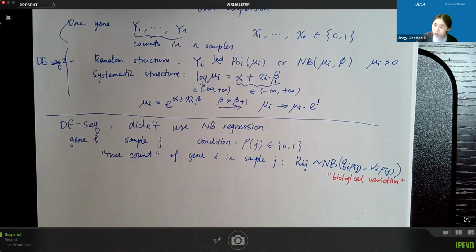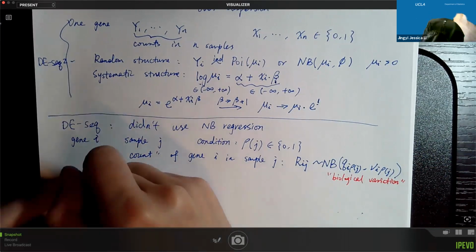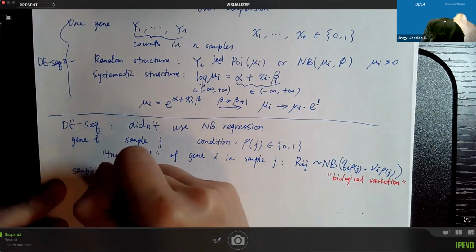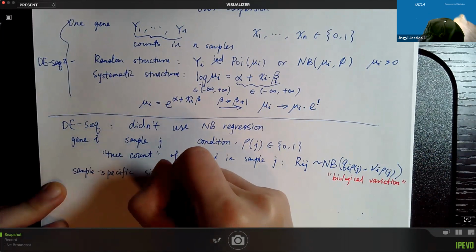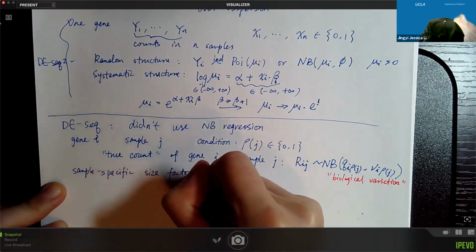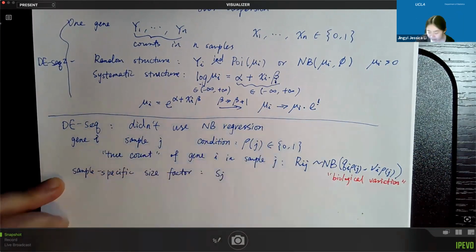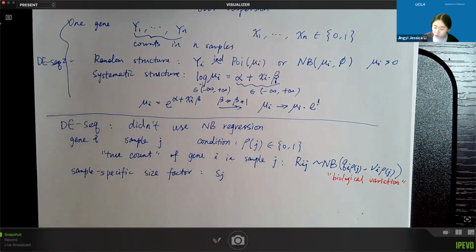And then furthermore, we assume that there is a sample-specific size factor, which we call s_j, that is multiplicative to the true counts. Then given this multiplication, we would assume that the sequencing experiment itself has additional randomness as a Poisson distribution.